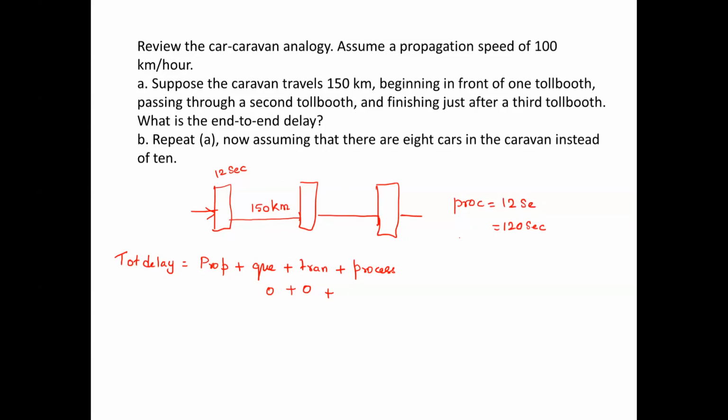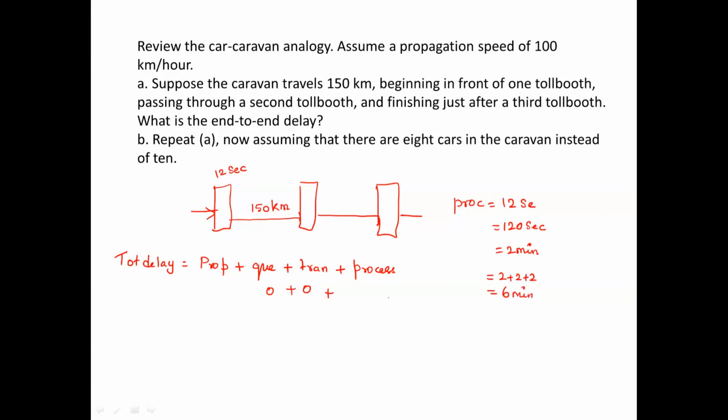So what will be the total processing delay? Yes, John Wesley has given the right answer. To cross all the 3 toll booths, the processing delay is going to be 2 plus 2 plus 2, which is 6 minutes.